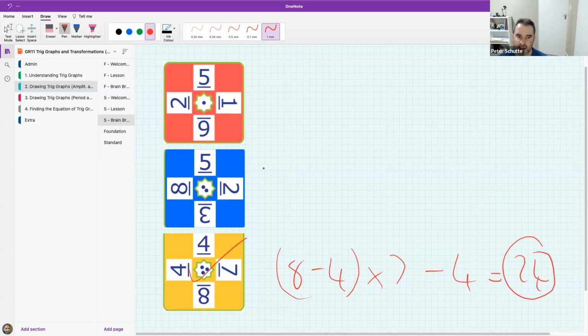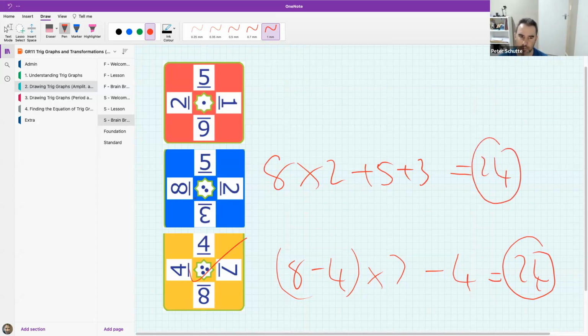Andile has said 8 times 2 plus 5 plus 3. So 16. Yep. So blue is gone. It's only red that needs to be taken. Unfortunately, that's not a 9.